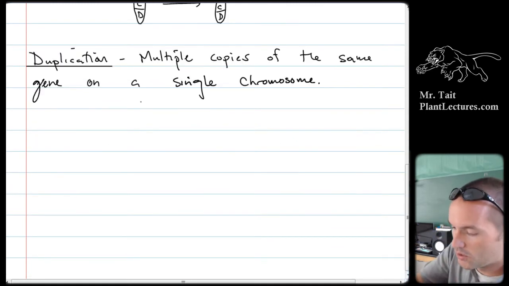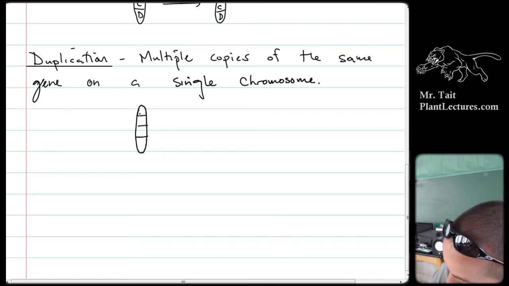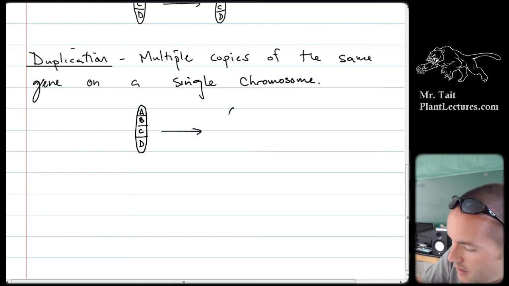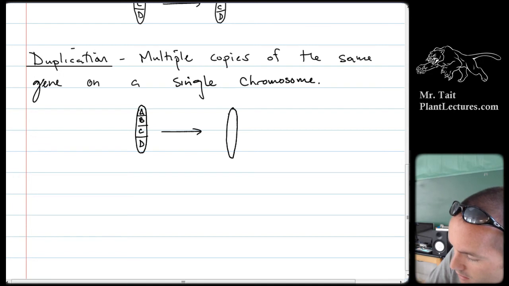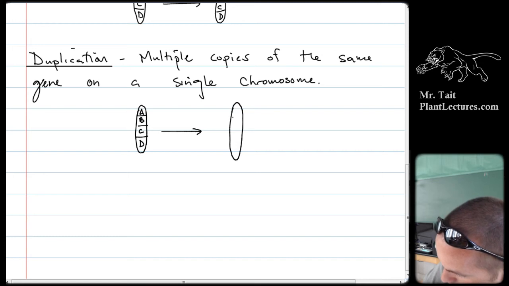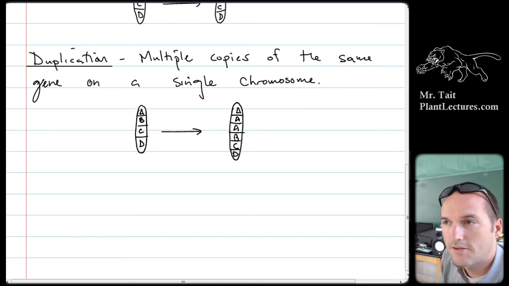Okay, so let's say that we have this chromosome here, and it's A, B, C, and D, and then it gets duplicated, and now you have A, B, C, D, A, B, C, D, right?